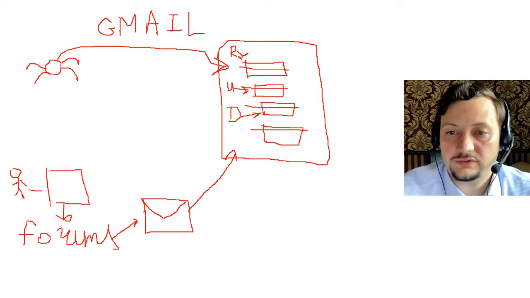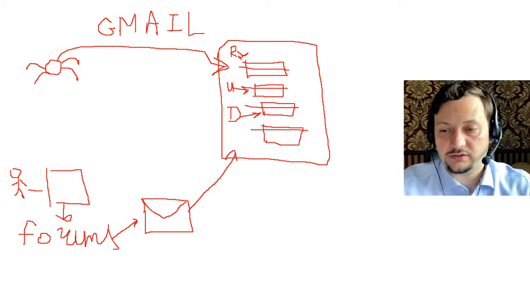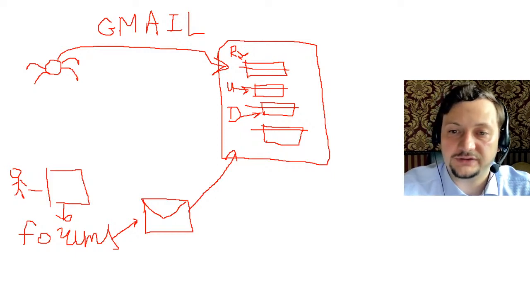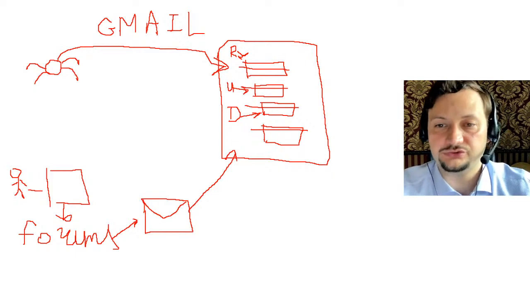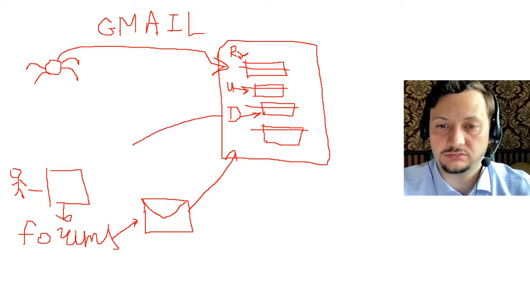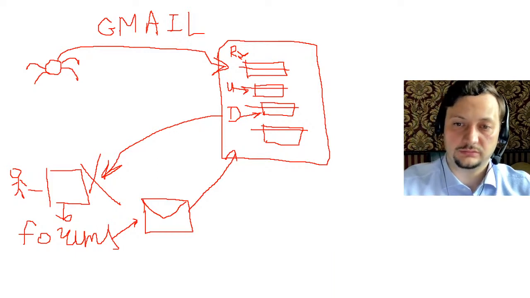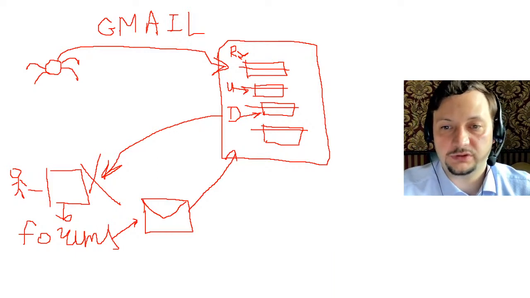And these links were automatically created, and they did not need the acknowledgement from the user. The user just presses on this button and the message is deleted. So the user receives this email, the crawler goes to this email and starts to click on the links.